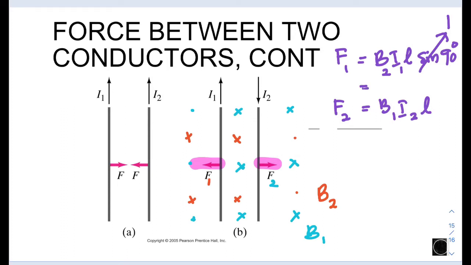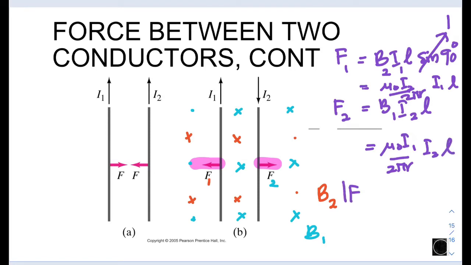B2 is mu naught I2 over 2 pi R, times I1 L. This one also, mu naught I1 over 2 pi R, times I2 L. So the magnitude of F1 and F2 is again the same, regardless of the direction of the current.